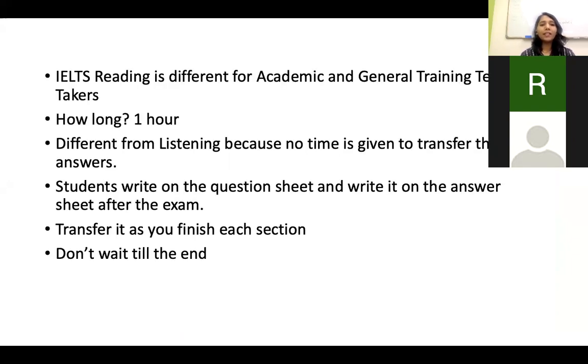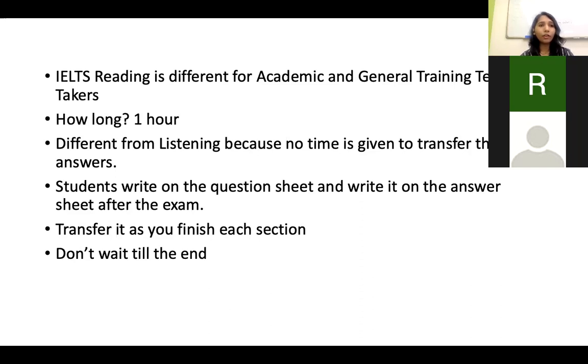So the IELTS reading is different for academic and general training test takers. The reason is the type of sections that you get is also different, because academic reading passages are more academic.